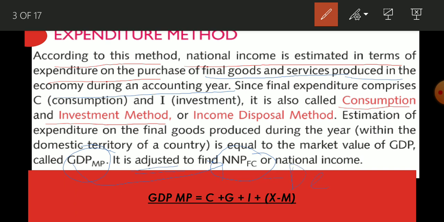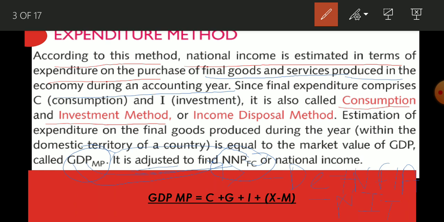When we move from domestic to national, we add NFIA. And when we move from MP to FC, we subtract NIT, net indirect tax. With this adjustment of GDP MP, we are able to get NNP FC.